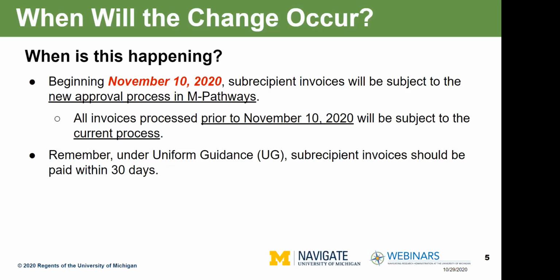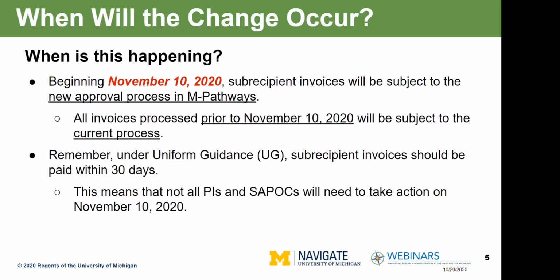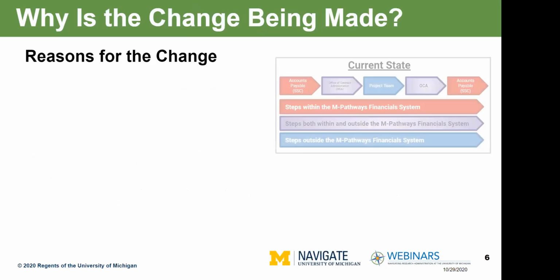One thing to remember, under Uniform Guidance, or UG, subrecipient invoices should be paid within 30 days. So really what this means is that not everyone is going to need to take action on November 10th. So please bear that in mind as you're preparing for the implementation and any business process changes that you'll need to make in that regard.